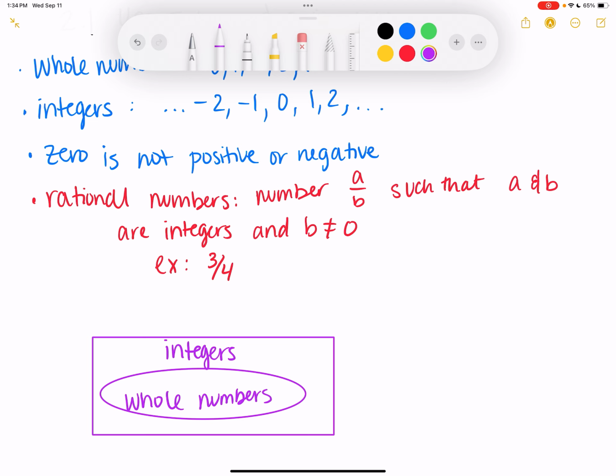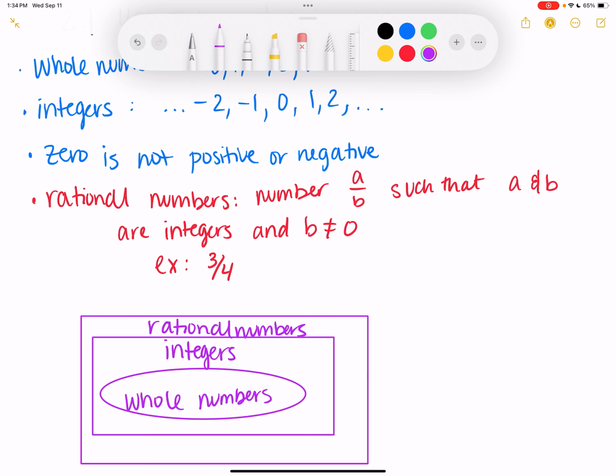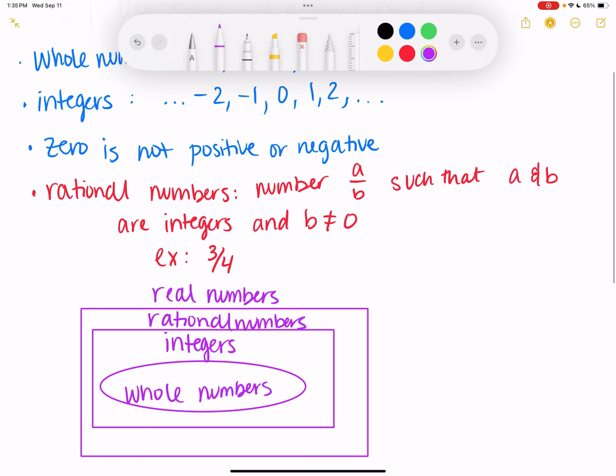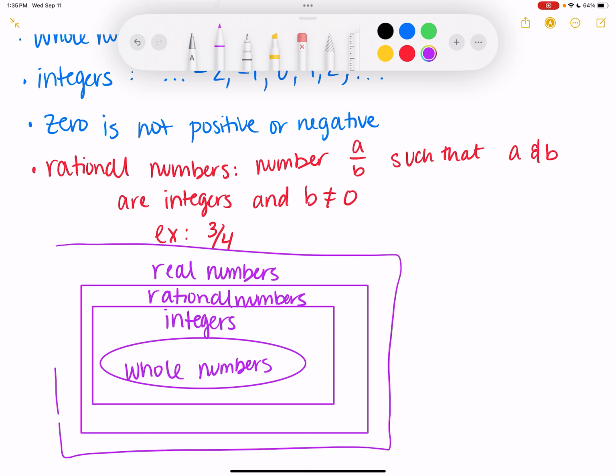Then those things are both part of rational numbers. And then ultimately all of these things are real numbers. And you might be thinking, why is she calling them real numbers? Because we also have imaginary numbers that you'll learn about later on in math.